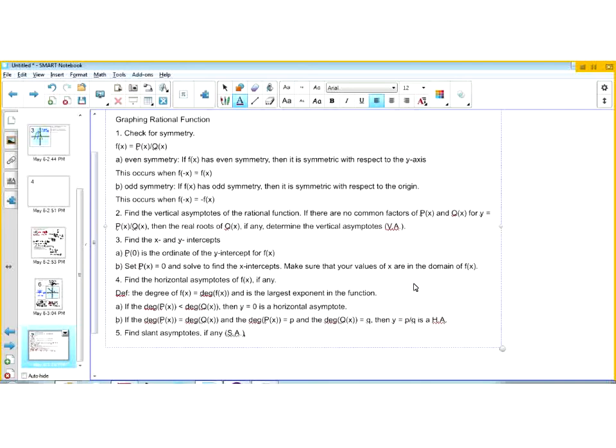And I'll abbreviate slant asymptotes as SA, all right? So to find a slant asymptote, if the degree of P of x is equal to the degree of Q of x plus 1, then f of x will have a slant asymptote.